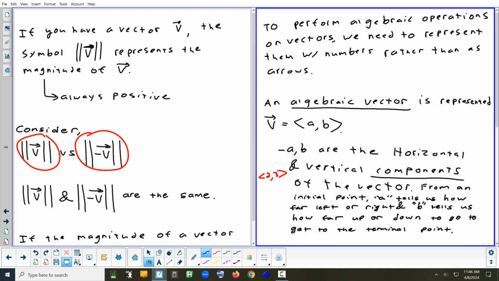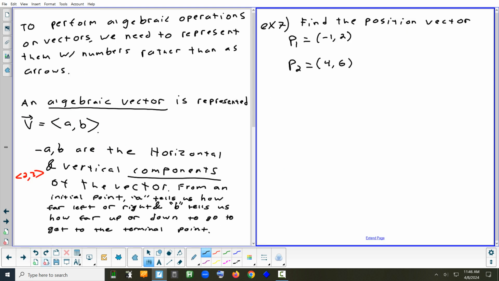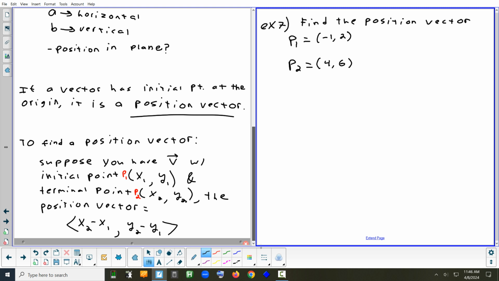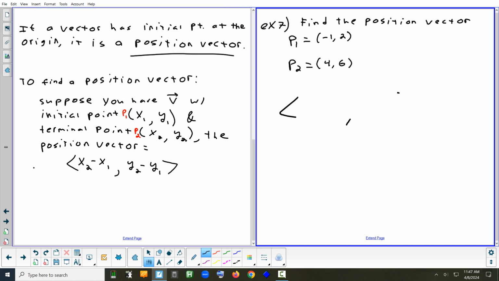I'll keep that up, and let's look at our last example. Find the position vector between the points -1, 2, and 4, 6. P1 is the start, P2 is the stop.